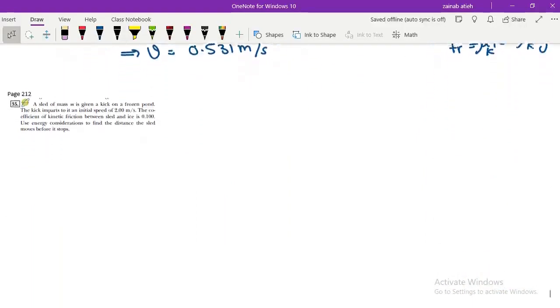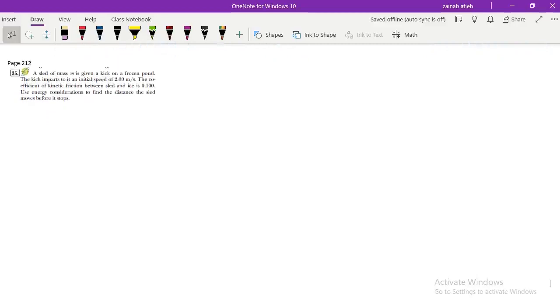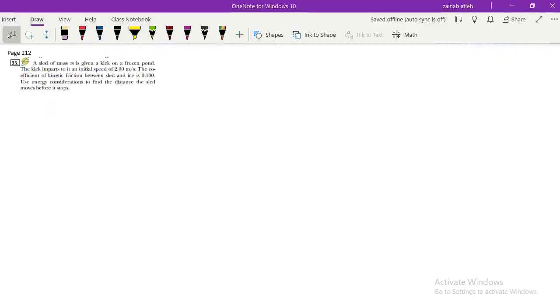Let me now move to problem 35, page 212. This problem says a sled of mass m is given a kick on a frozen pond. The kick imparts to it an initial speed of 2 meters per second. So the initial speed is equal to 2 meters per second.